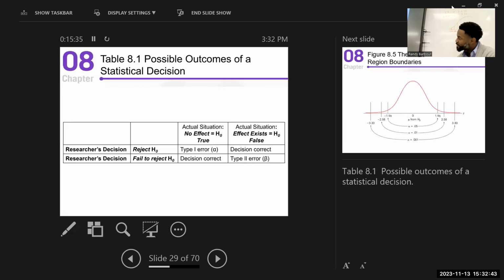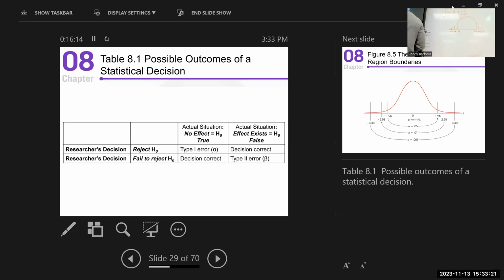All right, so here is a decision graphic chart. If the researcher rejects the null hypothesis, what you're saying is that the sample mean and the population mean are significantly different.